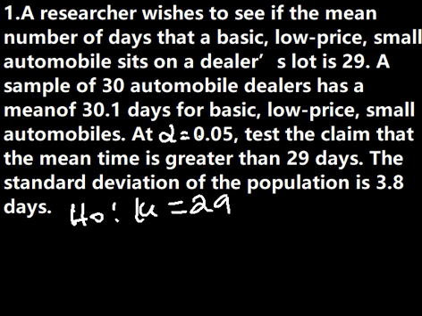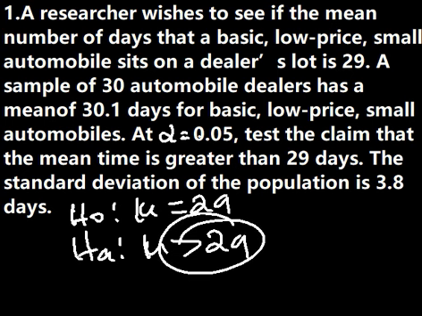So we should test the claim that the mean, which is 30.1, is greater than 29 days. That means the alternative hypothesis, given as HA, is mu greater than 29 days. That is the principle behind that.